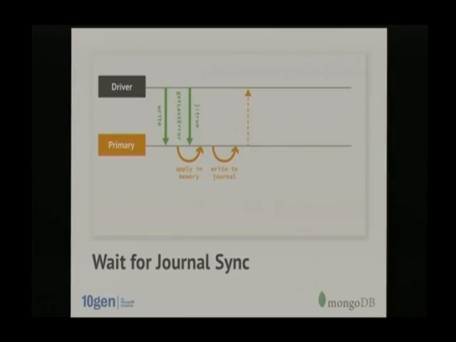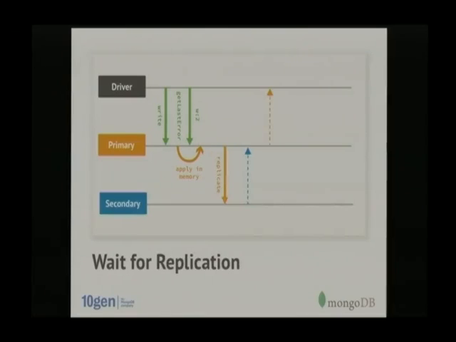You can set a higher level of write concern, which says you want to wait for journal sync, which means you get an acknowledgement back once that data has been applied in memory and also applied to the journal. You can also set a flag which says I want it to be replicated to a certain number of hosts. So you could say I want a write concern of 2. It must be committed to at least 2 other nodes aside from the primary in order to acknowledge the commit.